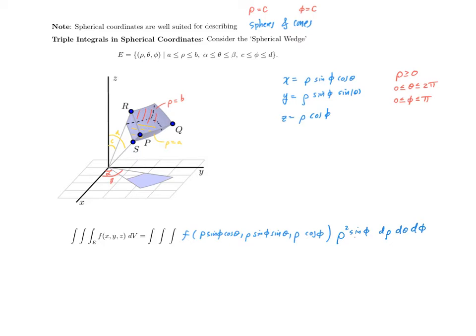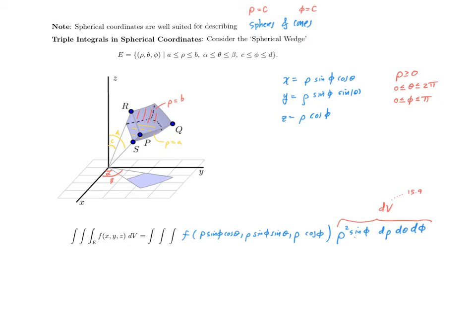So note, this entire quantity at the end is representing our dV. And at this point, it is in no way clear or obvious where that rho squared sine phi comes from, but I'll note that this is something that we will encounter in our next section, and we'll have an idea of where that's coming from. For now, I'm going to simply write it down and use this formula.